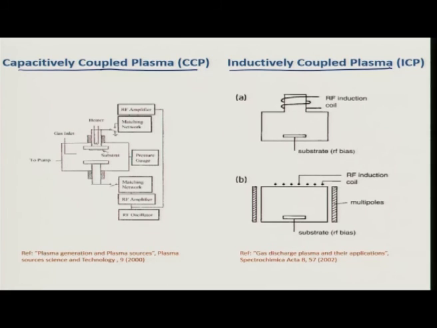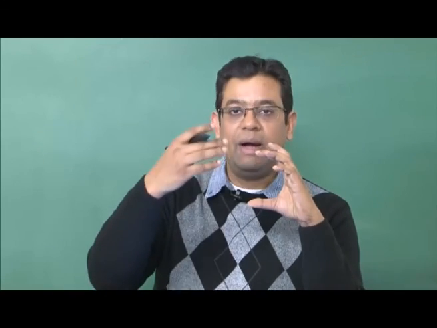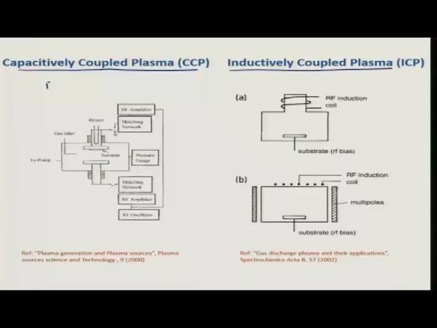Capacitively coupled plasma means my RF signal is applied to the metal electrodes where I am applying my electric field. Okay. So, my RF is applied to the electric field. Okay. And because of its AC effect, it even improves the efficiency of the magnetron.